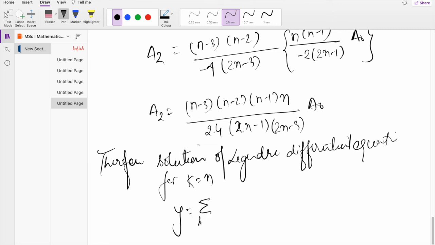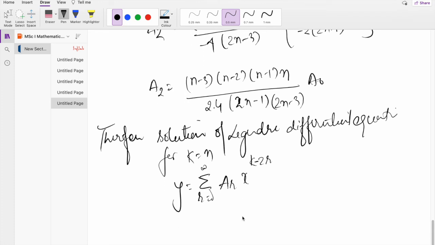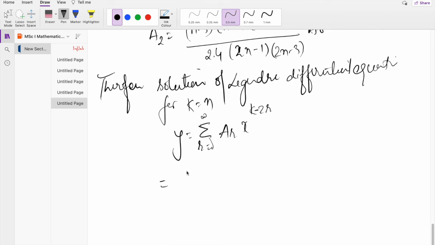We had assumed y equals to the sum over r of a naught, sorry, this is ar. For the generalized term, this is ar x to the power k minus 2r. We said just expand this in sequential form.